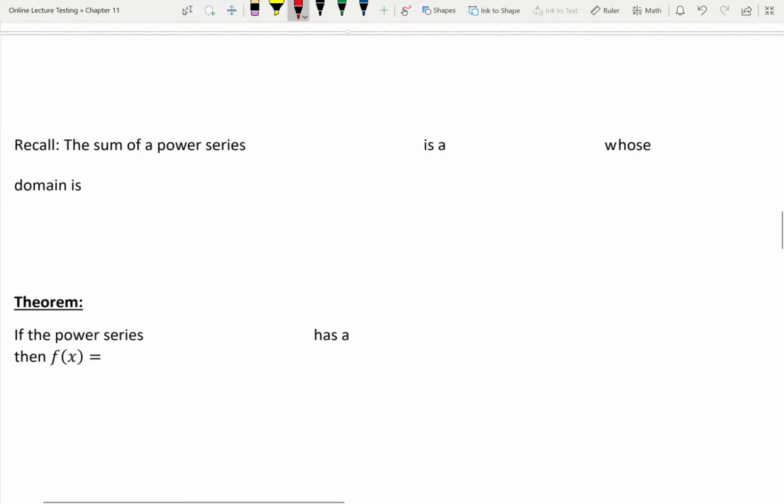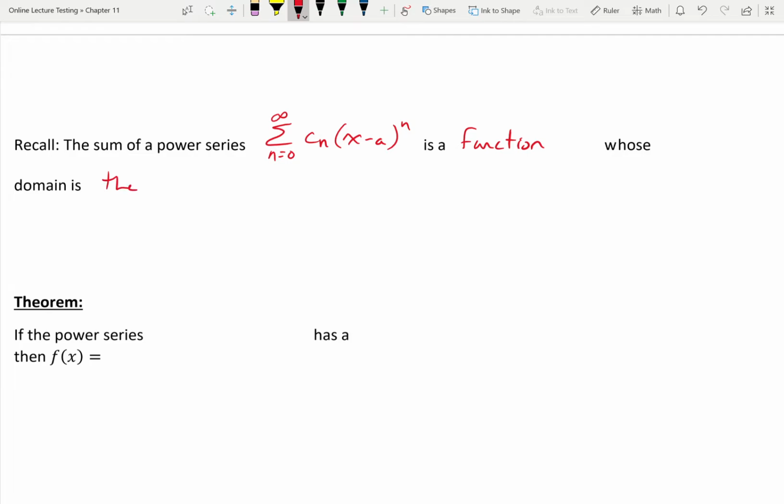The summation, as n goes from 0 to infinity, of c sub n, x minus a to the n, is a function whose domain is the interval of convergence.